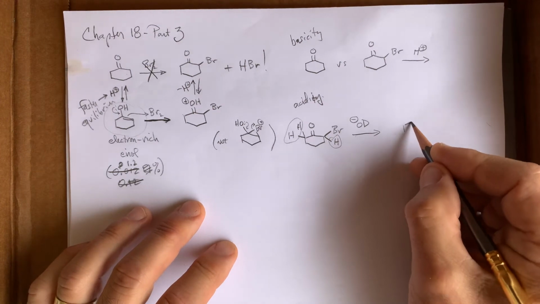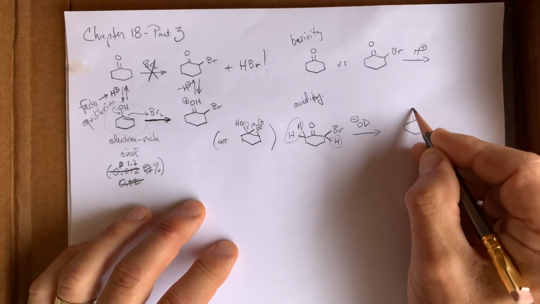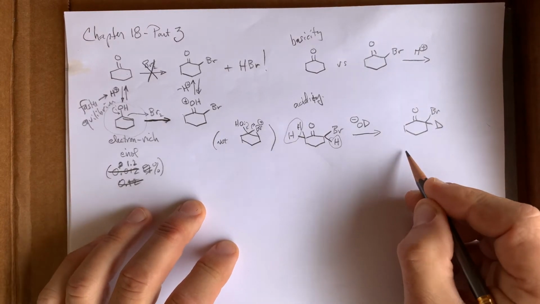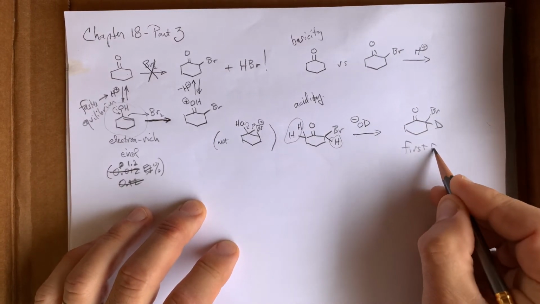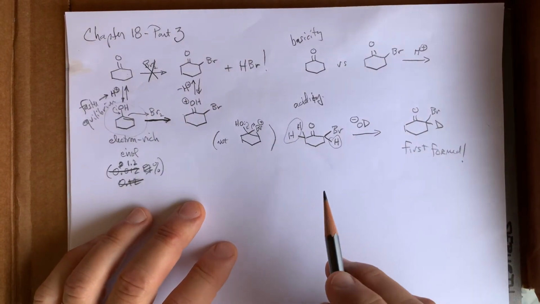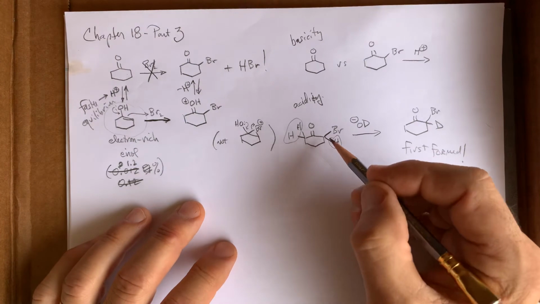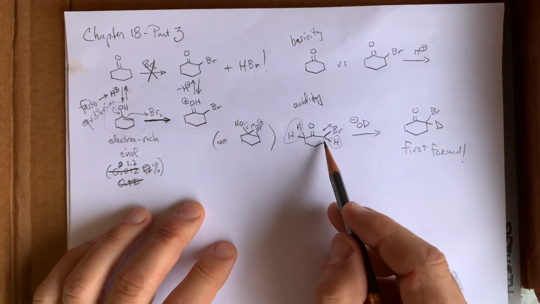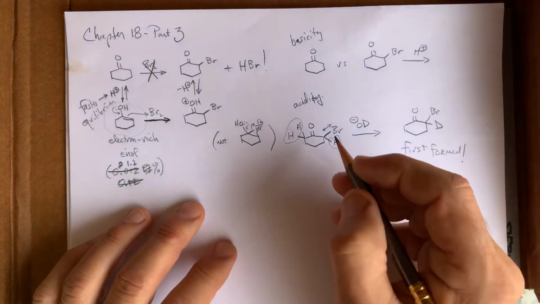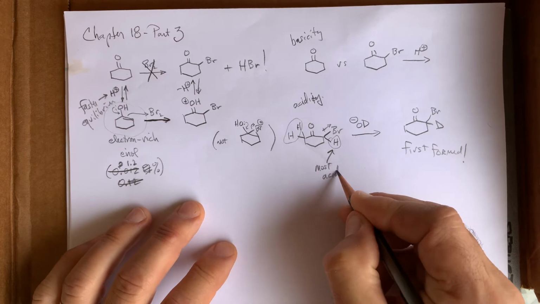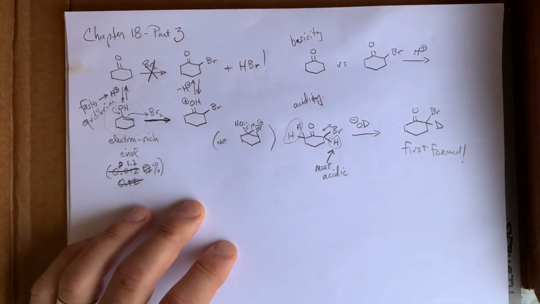Well, the answer is that the proton next to the bromide is, because this is inductively withdrawing, that makes this proton more acidic. This is actually important, okay?